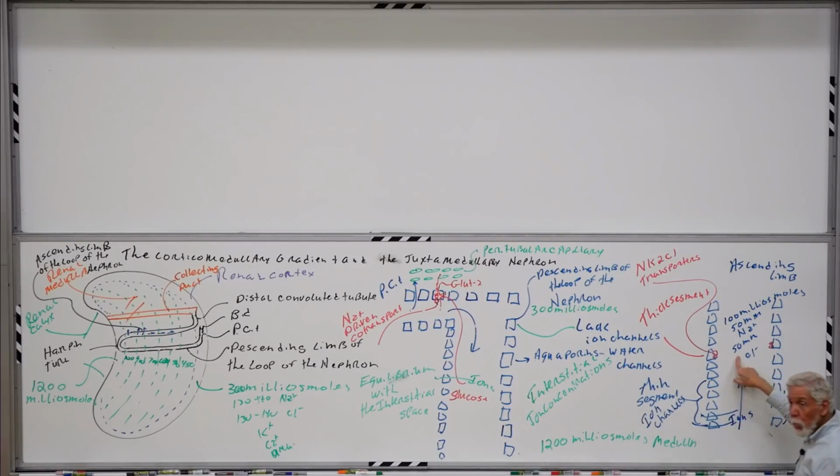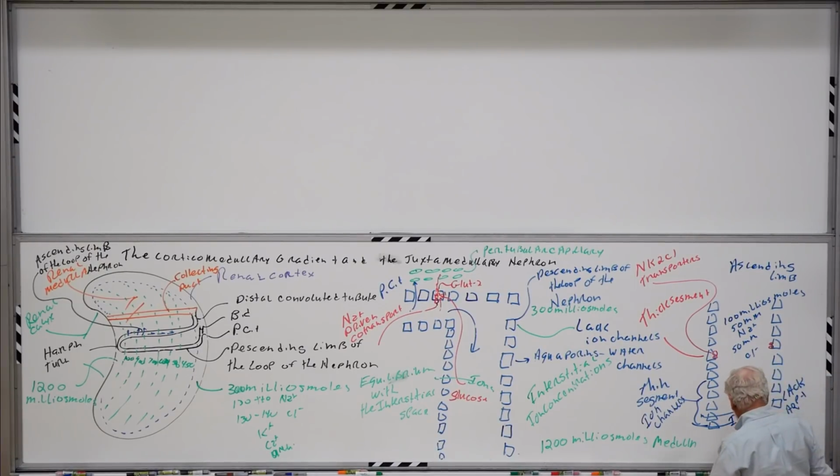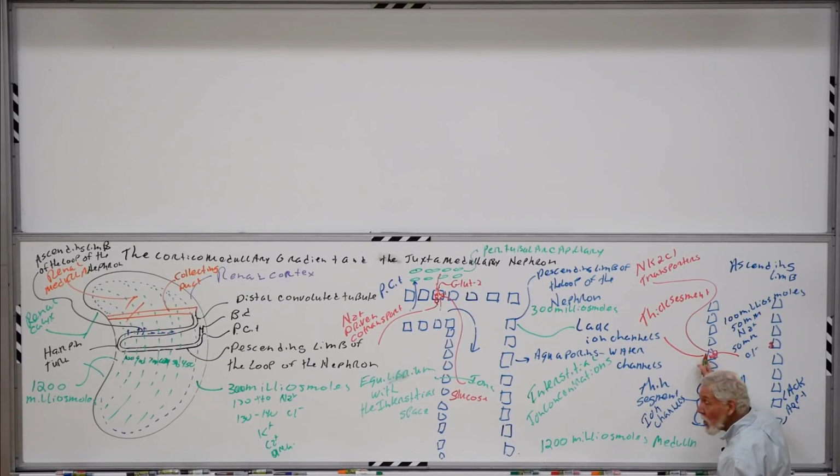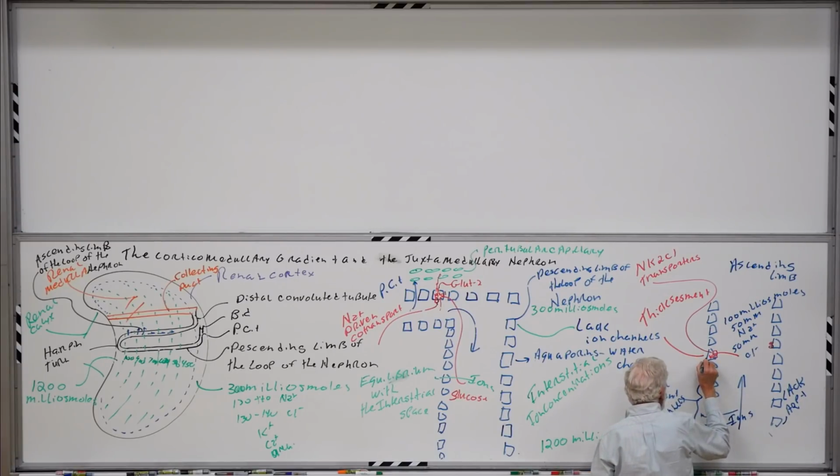This is one of the major players we see in these epithelial cells. And as the fluid is moving by, these transporters are snagging sodium ions and potassium ions and chloride ions and moving them from the tube into the cell. And then on the basolateral side, there are going to be sodium-potassium ATPases.